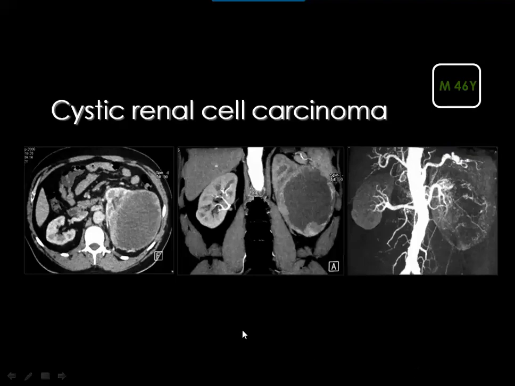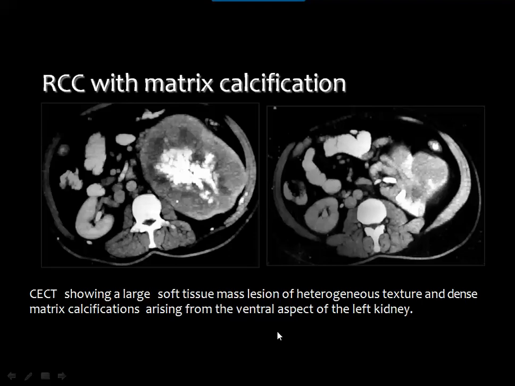And this is also a cystic renal cell carcinoma by CT post-contrast, coronal reformatted image, and CT renal angiography. The tumor is mainly cystic with a small solid component, and you can appreciate the tumor vascularity in the angiographic image.